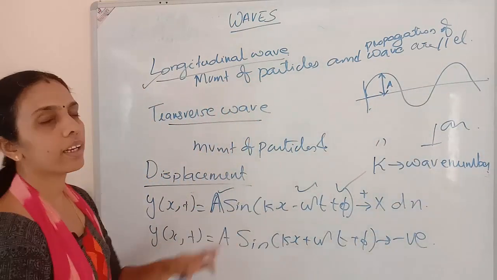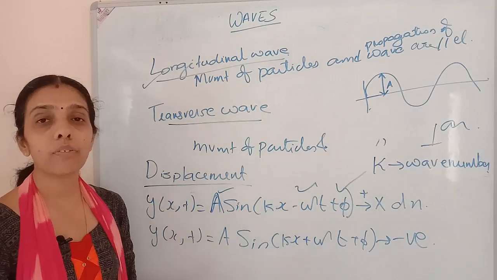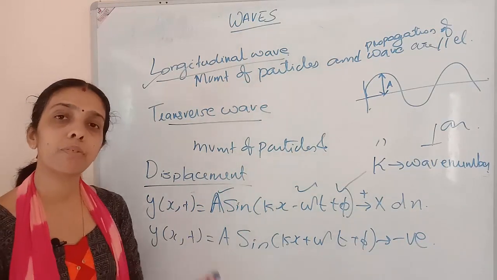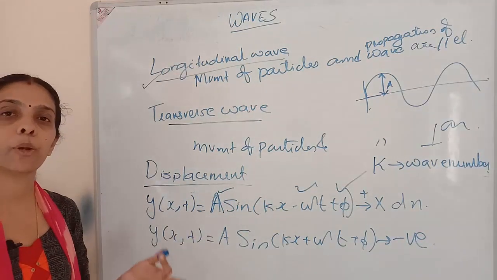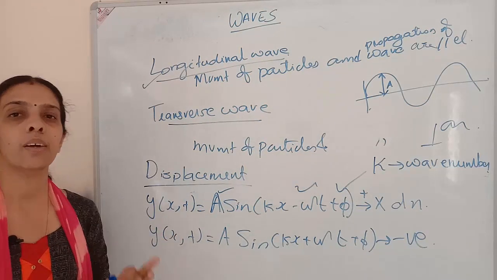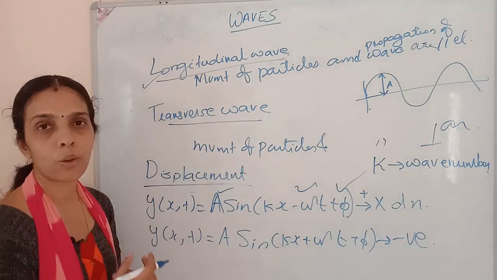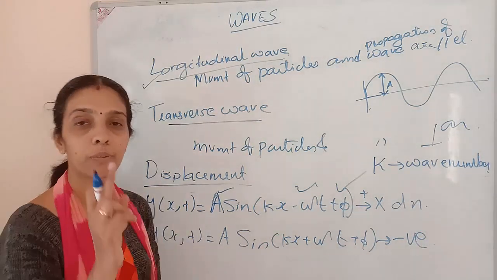Okay, omega is the angular frequency. How can we represent it? Frequency means the number of waves passing in 1 second. Frequency equals the number of waves passing through a particular point in 1 second.